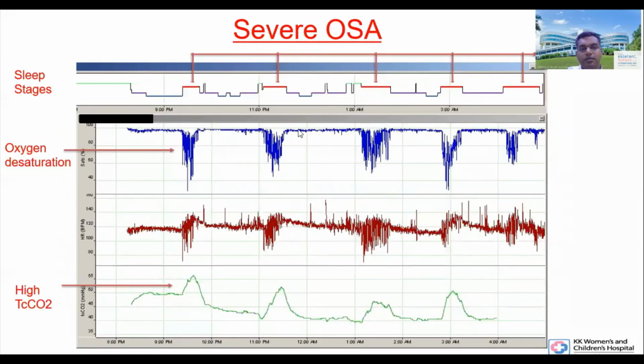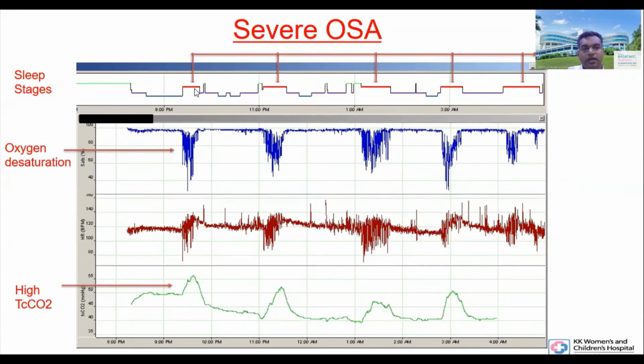So this is the summary slide of a child who has severe obstructive sleep apnea. On the top is a hypnogram showing different sleep stages, and the red is the REM sleep, green is the wakeful period, and all others are non-REM sleep.